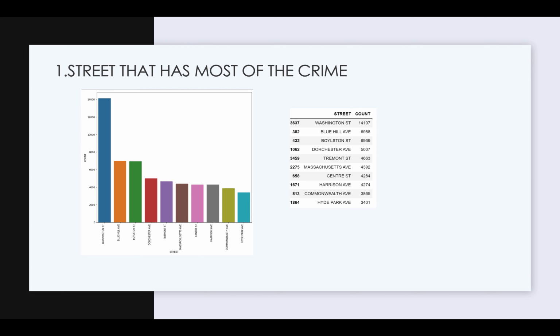This is another plot for the streets that have the most crime, with the street address located on the right-hand side and the count of the number of incidents that happened. You can see Washington Street has the most records, with 14,109 cases.